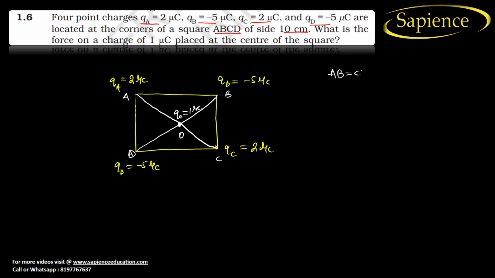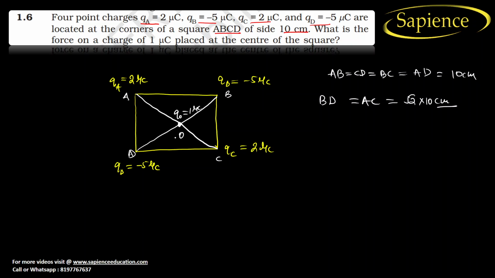AB is equal to CD is equal to BC is equal to AD, and also BD is equal to AC, that is the diagonal. The sides are 10 centimeter and the diagonal will definitely be root 2 into 10 centimeter.